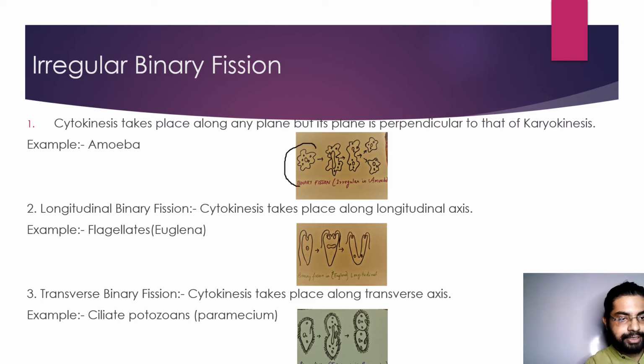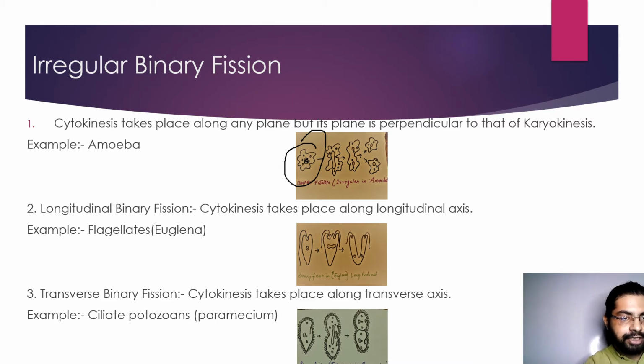If this is the parental body, this small structure is the nucleus, and outside it is the cytoplasm.